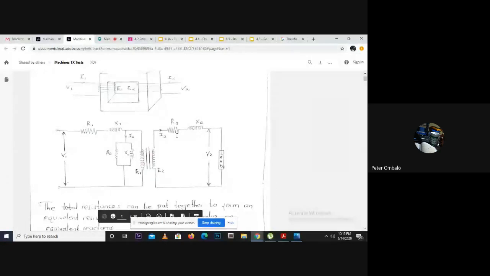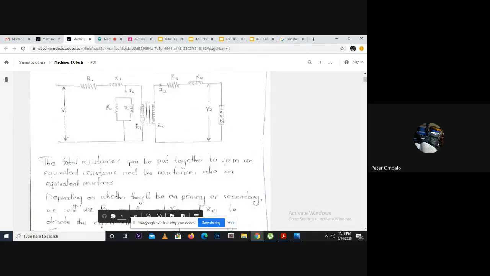The secondary side also has copper losses, which are represented as R2 and X2 here. Nyokabi had already presented this, and we can join these 2, R1, X1 and R2, X2, to form one circuit that shows the copper losses.